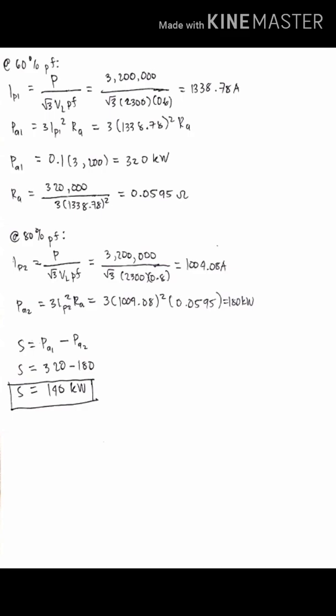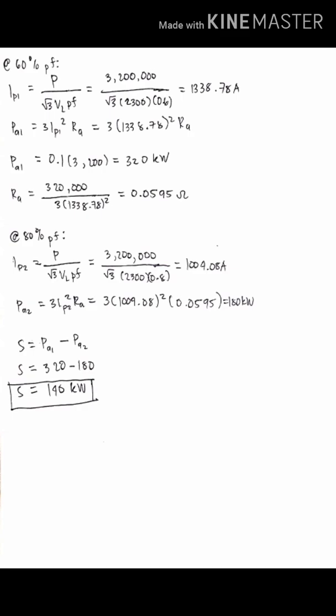So 3 times 1,004.082 squared times 0.0595. PA2 is equal to 180 kilowatts.